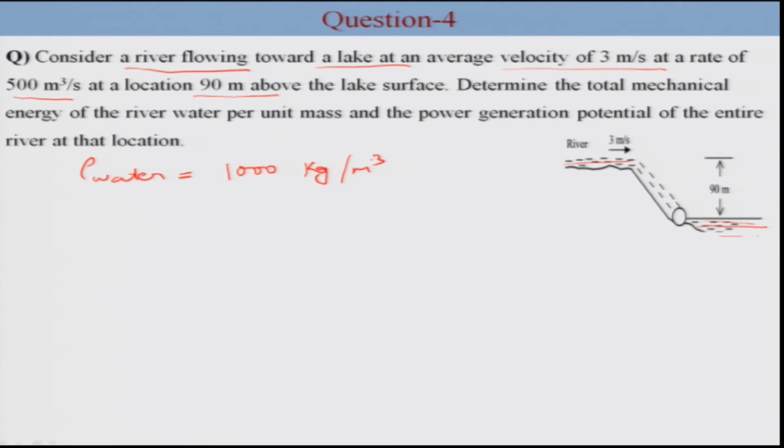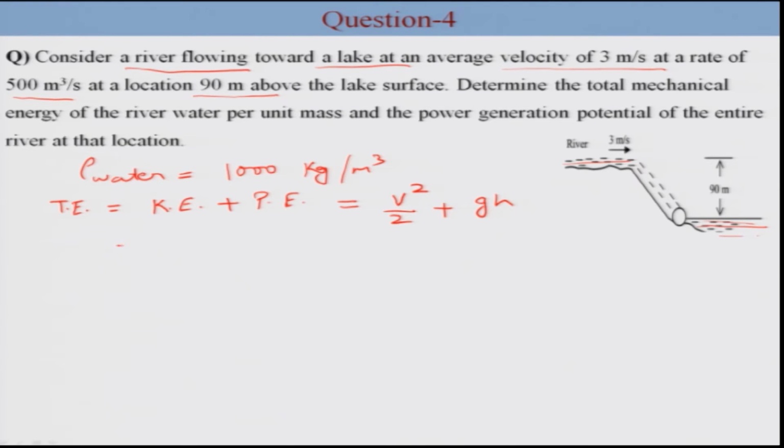So, the total energy of the water per unit mass is the sum of kinetic energy per unit mass plus potential energy per unit mass. Kinetic energy per unit mass can be written as V square by 2 and potential energy as gh, where g is the acceleration due to gravity and h is the height.